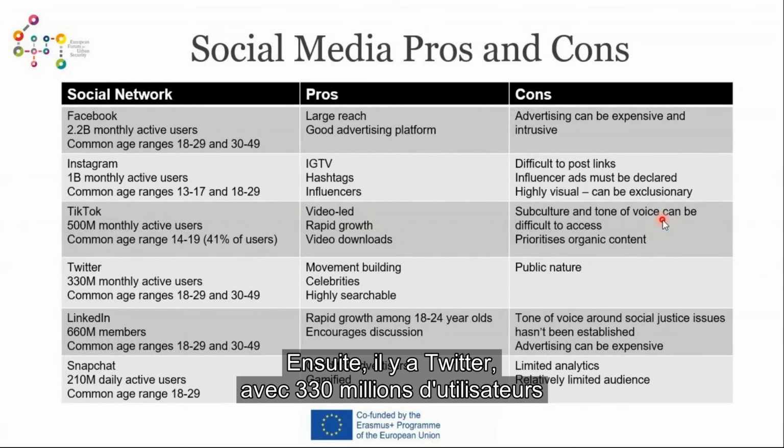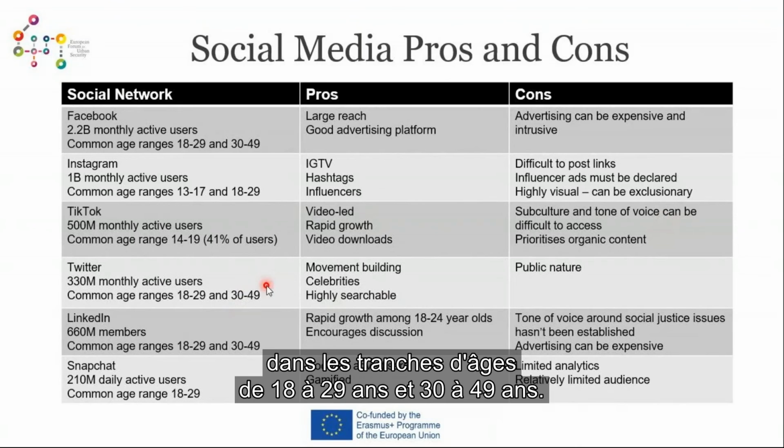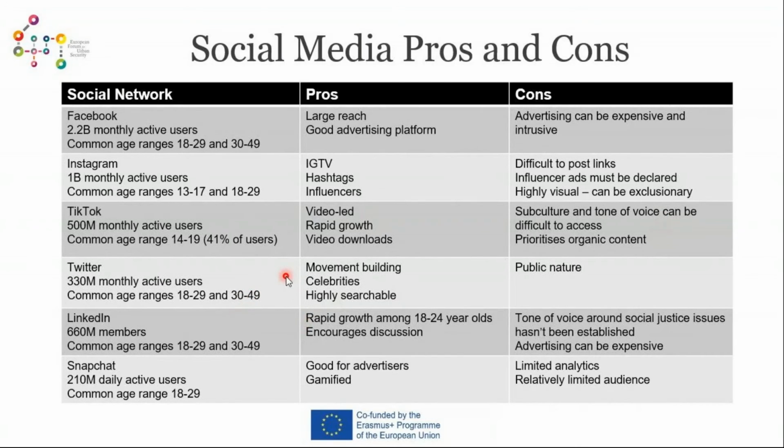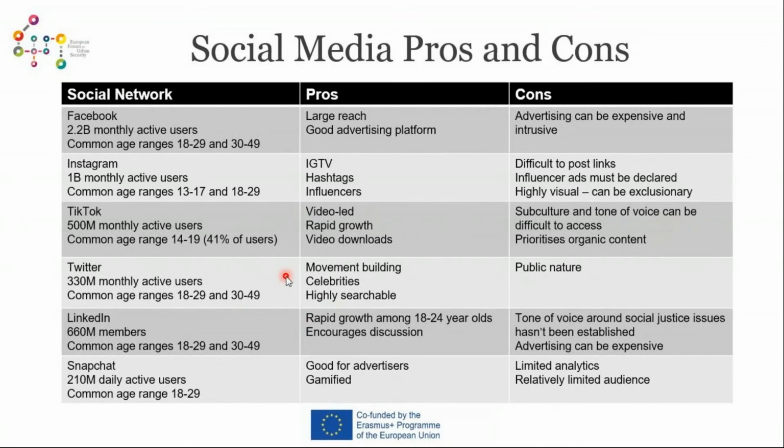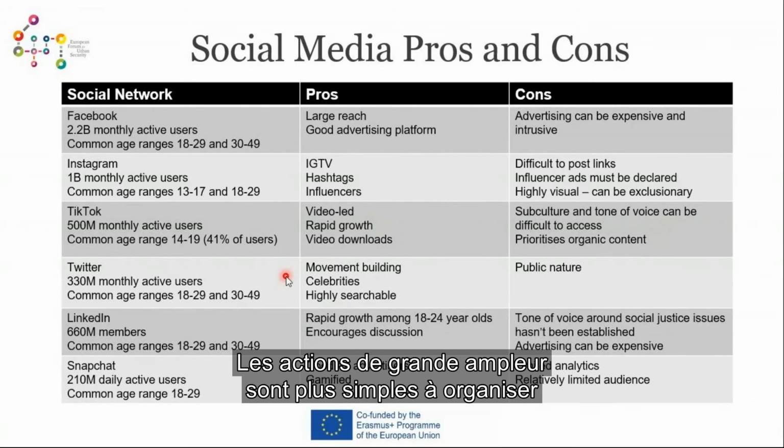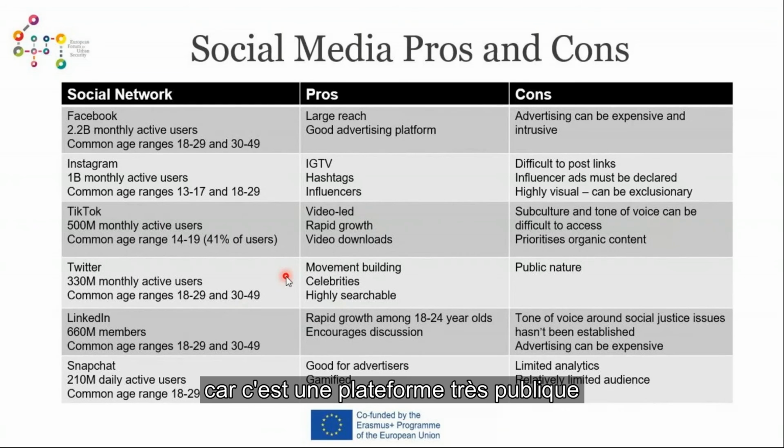Then there's Twitter. So 330 million monthly active users. Most common age ranges, again, 18 to 29 and 30 to 49. It's really good for movement building because you have the retweets. It's easy to do big Twitter actions via Twitter because it's got a very public nature, and it's also very searchable.